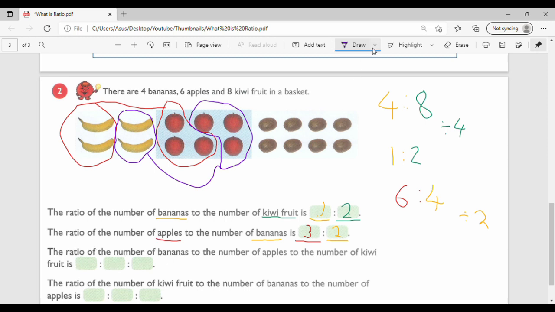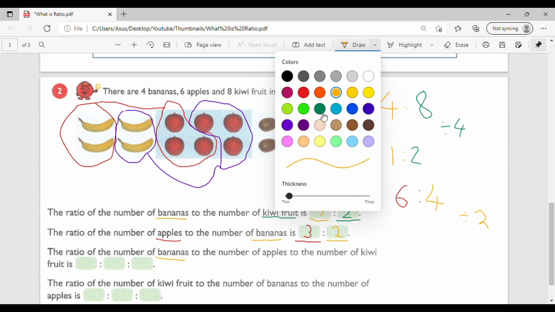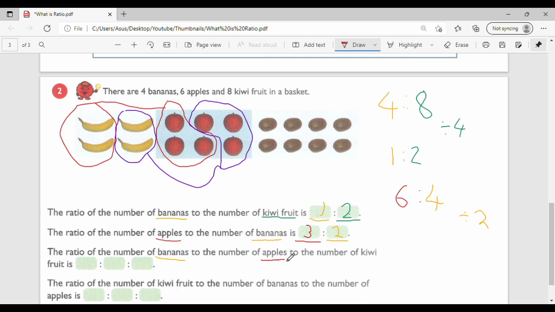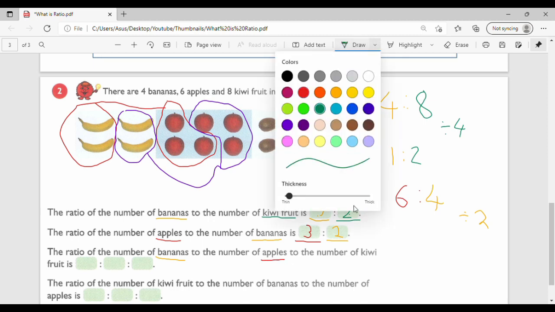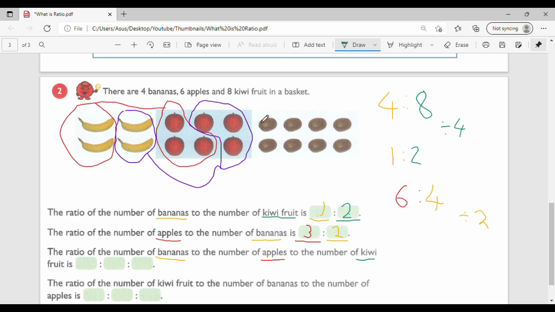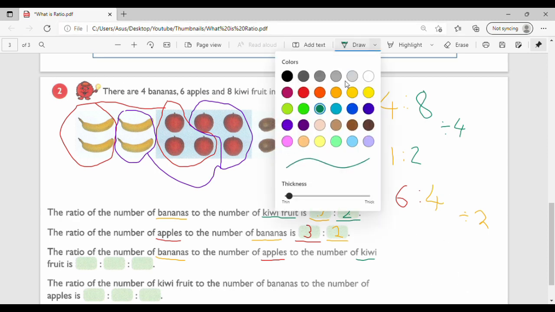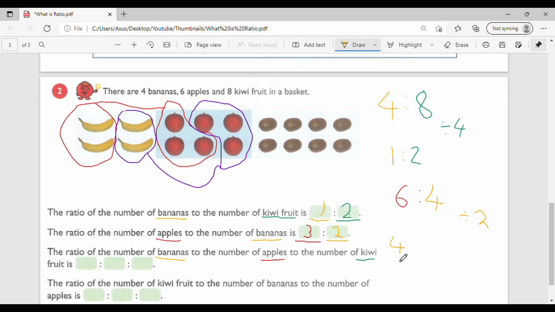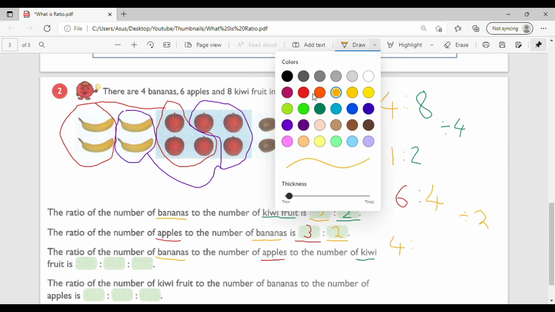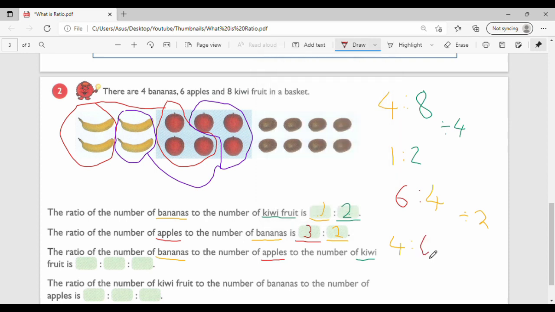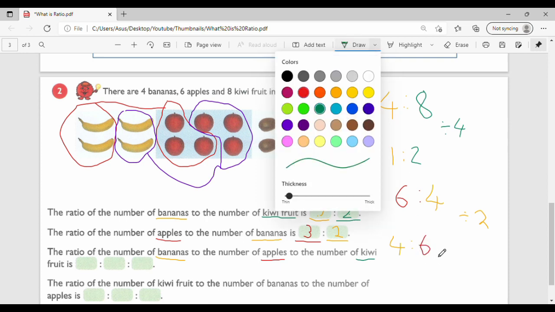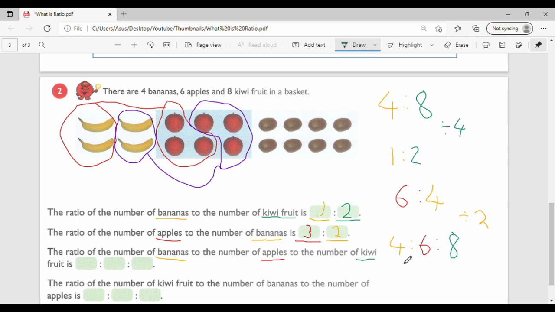The ratio of the number of bananas to the number of apples to the number of kiwi fruit. Let's write down what we have in total: 4 bananas, 6 apples, and 8 kiwi fruit. 4, 6, and 8. Now, we cannot divide all of these by 4, as I mentioned earlier, because we have a 6 in there, and that would make 1.5, and that wouldn't be good.